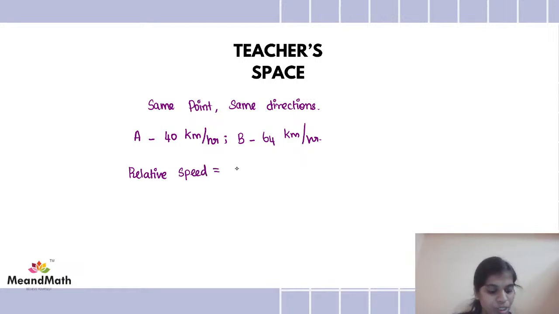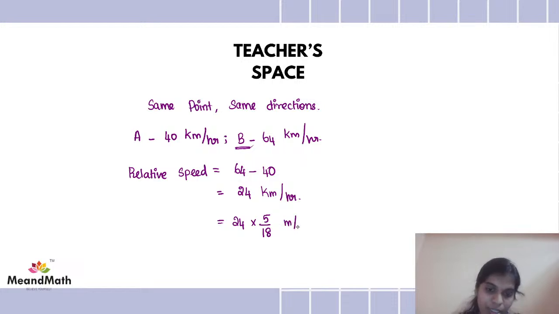Relative speed equals 64 minus 40, because B is greater. When we are talking about relative speed, obviously the speeds will be subtracted. So that is 24 kilometers per hour. This is the relative speed. Now converting kilometers per hour to meters per second, multiply by 5 by 18.